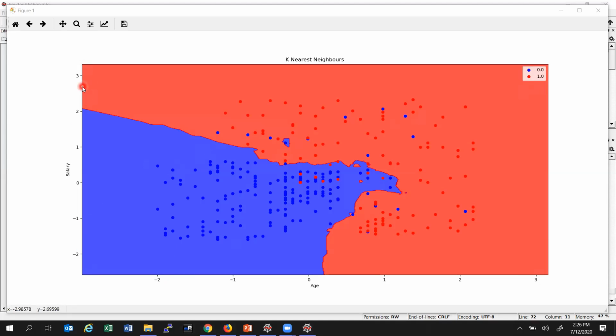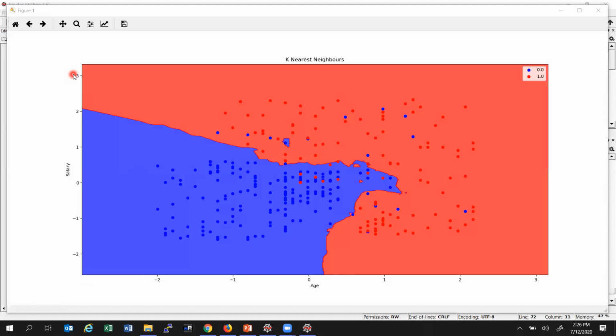The x-axis is age and the y-axis is salary. Now there's one difference between the graph of classification and regression. In regression, in 2D, we take only one independent variable and one dependent variable.